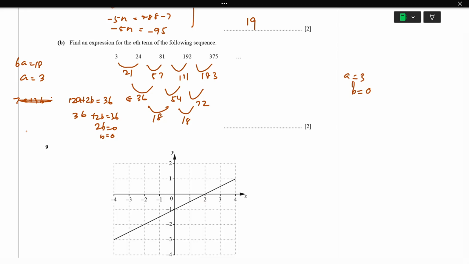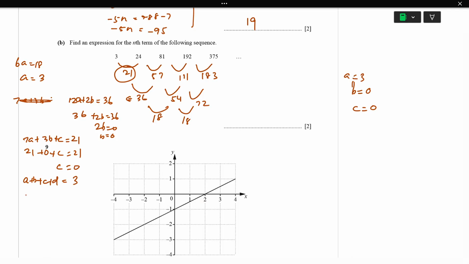Then we'll check out the c. Next, 7a plus 3b plus c equal to 21. Here b is 0, so 21 plus 0 plus c equal to 21. So here also 0, so c equal to 0. Next, the first term: a plus b plus c plus d equal to the first term, which is 3.